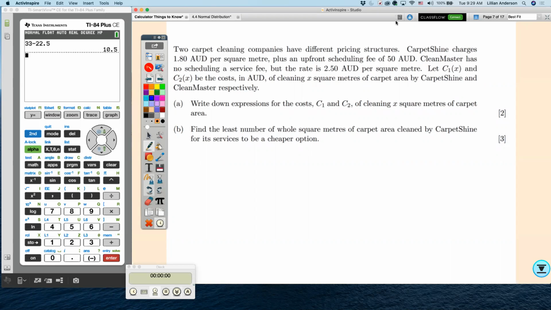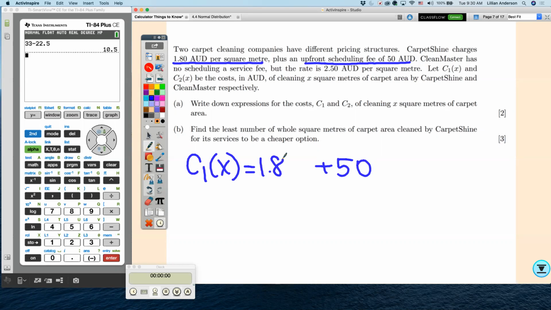If you're paying an upfront scheduling fee of $50 and 180 per square meter, how do you represent that? There's a line going up from 50, so 50 is your y-intercept, and 180 is your slope. Because 180 per square meter plus a $50 service fee or scheduling fee.